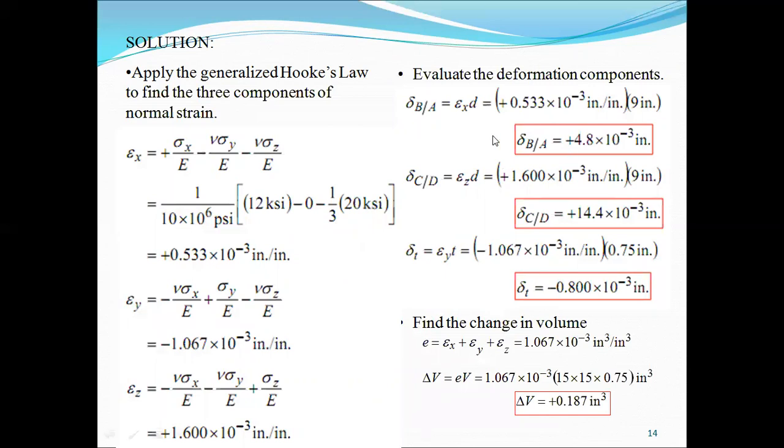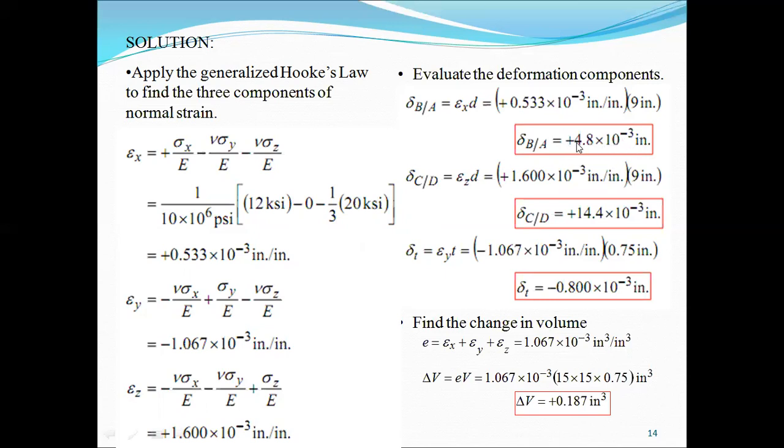Next, we just have to plug in the values. Delta AB is equal to epsilon x times d. We have already calculated epsilon x, and the diameter of the circle is given. After putting in the values, delta AB, the change along line AB, is equal to plus 4.8 times 10 raised to the power minus 3 inches.